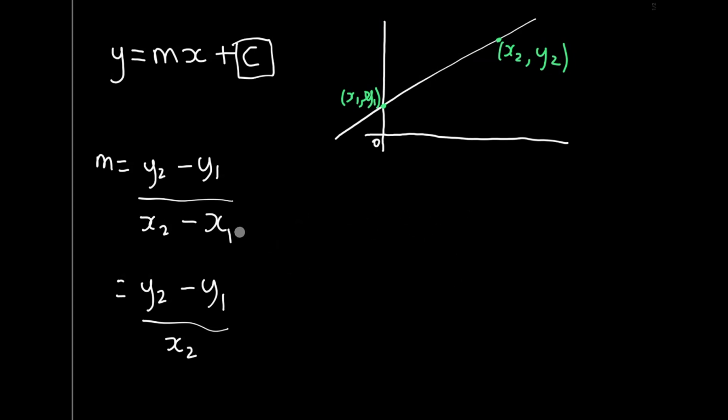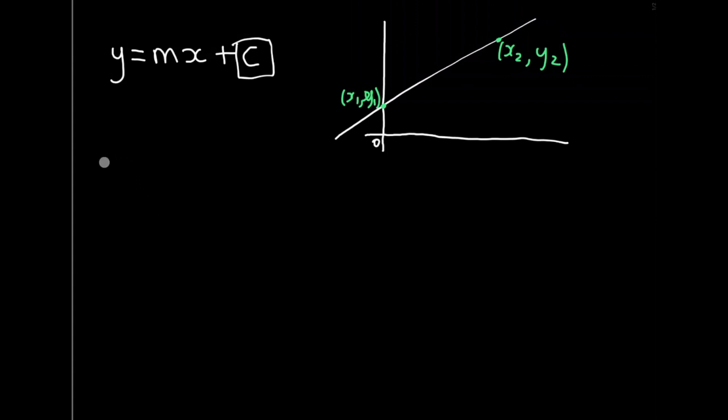So let's erase this now and let's turn this into an example. So let's say hypothetically now that this first point here, P1, is 0 and 5.